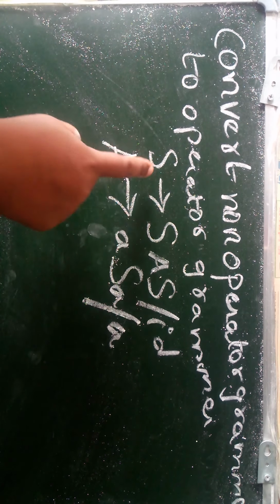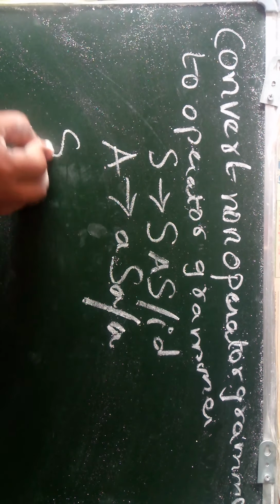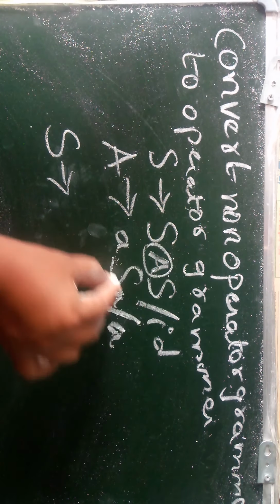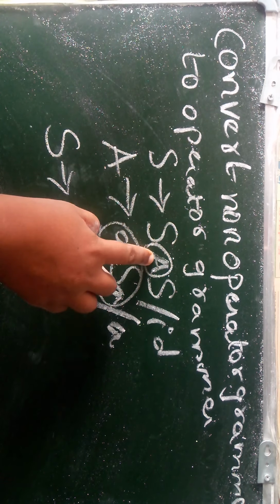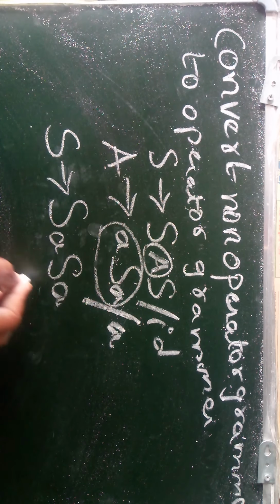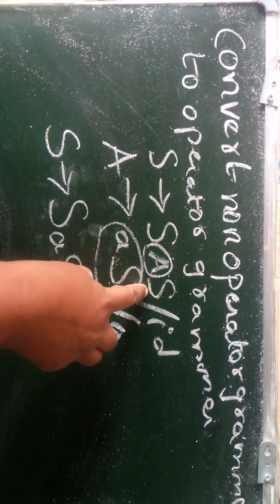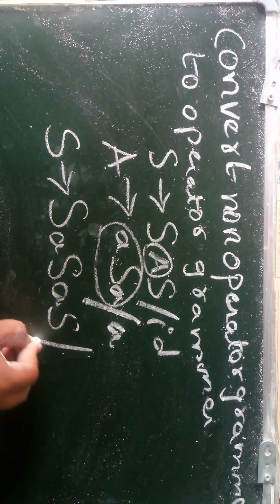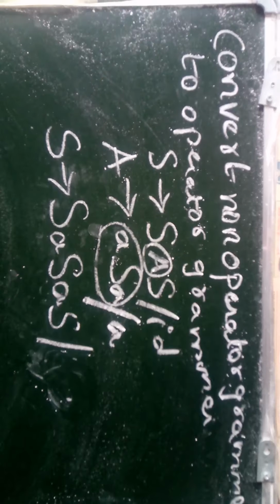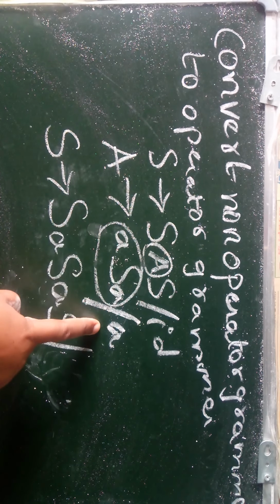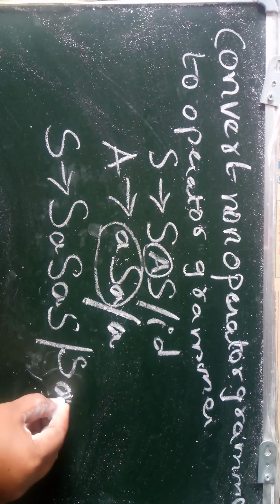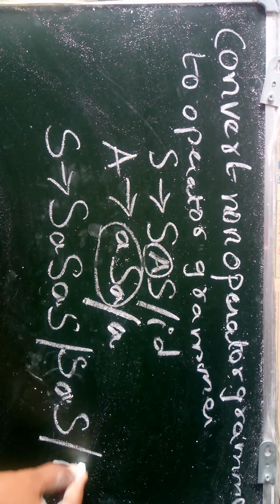For that, take the first expression, S tends to, replace capital A with this expression: capital S, small a, capital S, small a. And write as it is this SAS. And we also write in the place of A: small a, S, small a, S or ID.